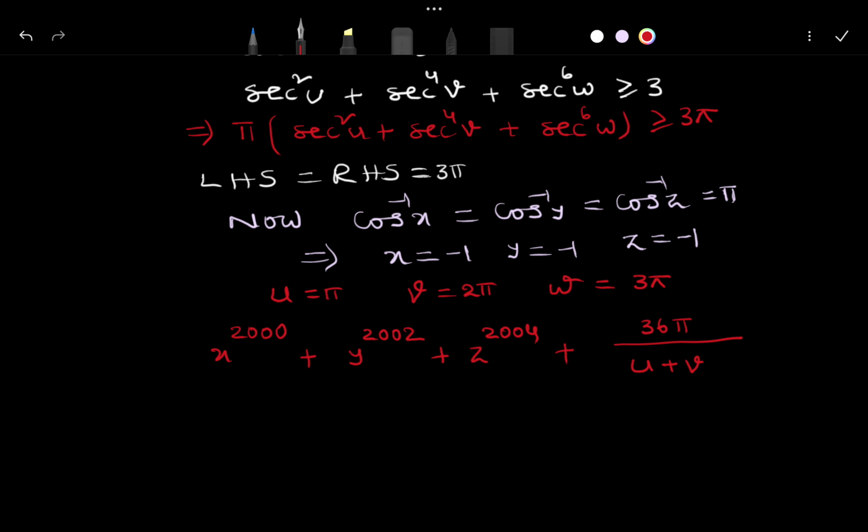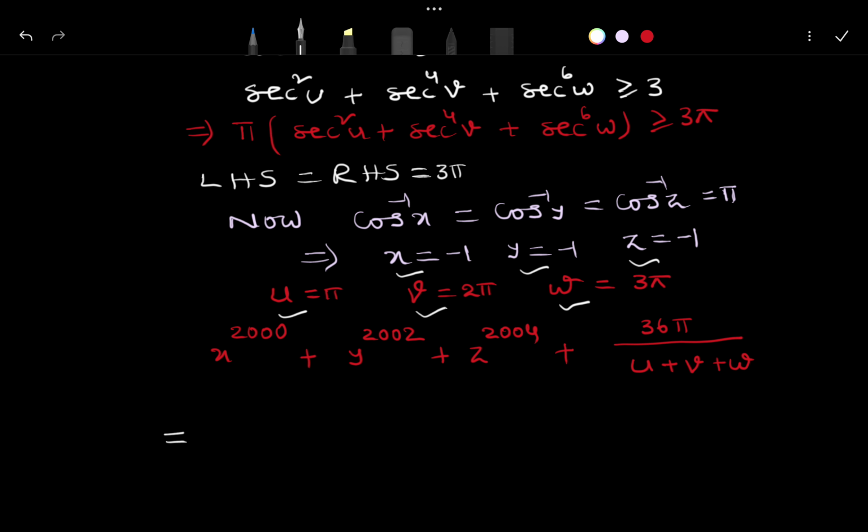This value we should find in this case. So you already got the x, y, z values, and you know the u, v and w values.